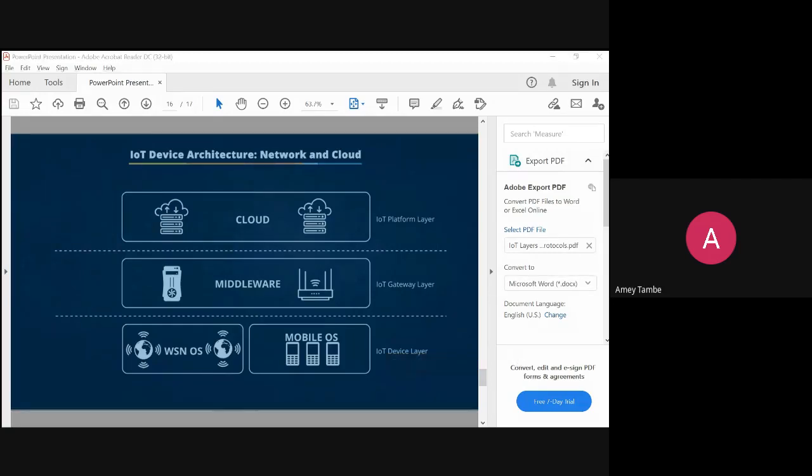So this is all about the IoT protocol, infrastructure, and architectural point.